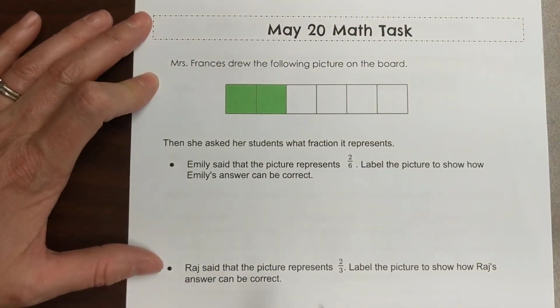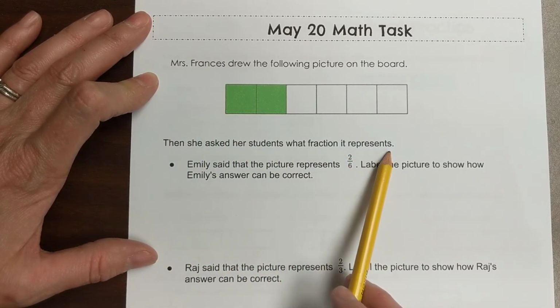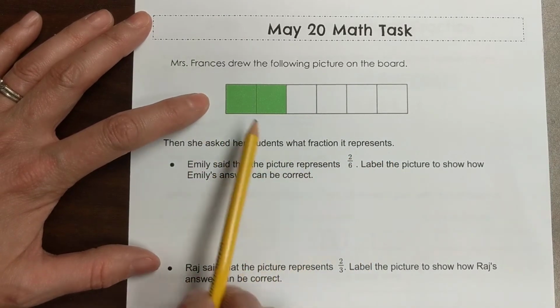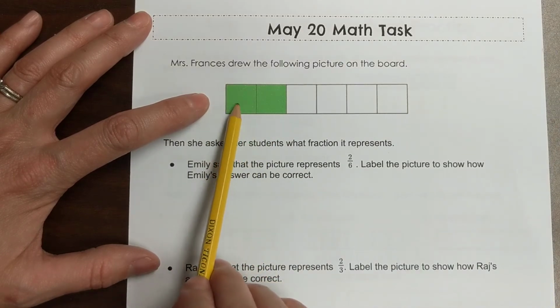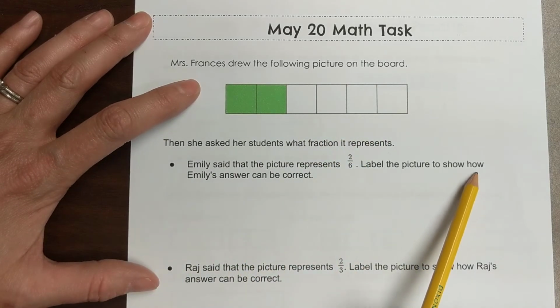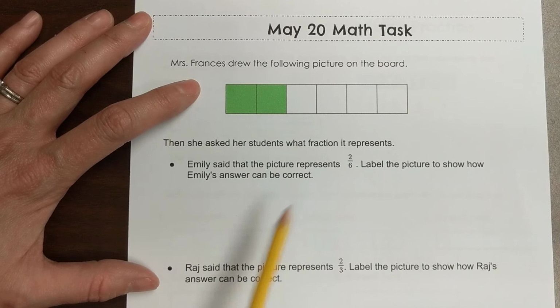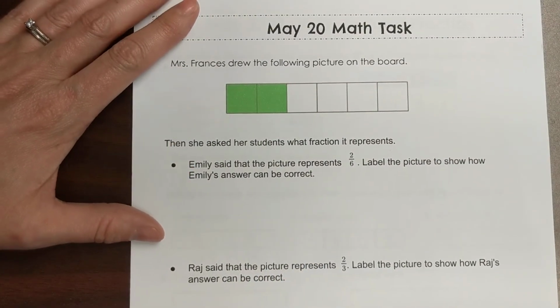All right. Mrs. Francis drew the following picture on the board. Then she asked her students what fraction it represents. Emily said the picture represents 2/6. 2 are shaded out of 1, 2, 3, 4, 5, 6. Label the picture to show how Emily's answer can be correct. Well, we'd have to label our unit fractions.